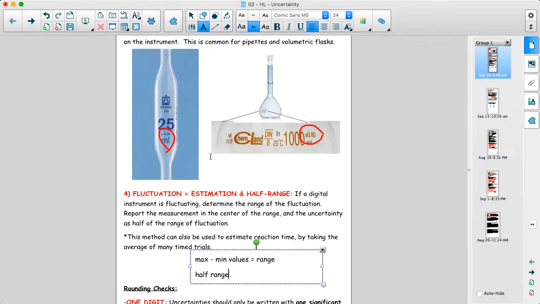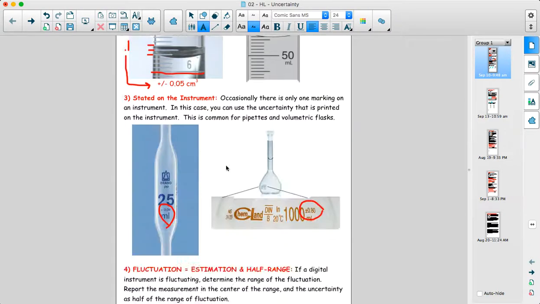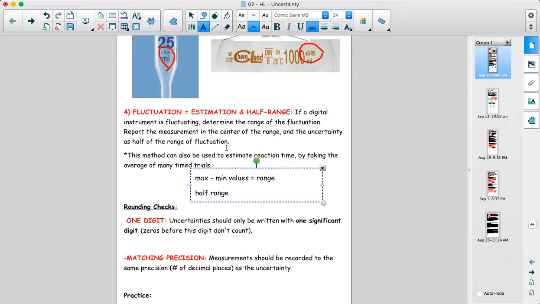This could happen, again, as an example, on a balance that reads to a lot of decimal places. Even though our first rule here is plus or minus 1 of the smallest increment, if an instrument like that is fluctuating, then we're going to use this method, that half the range equals the uncertainty, because there's actually more uncertainty than that first rule suggests.